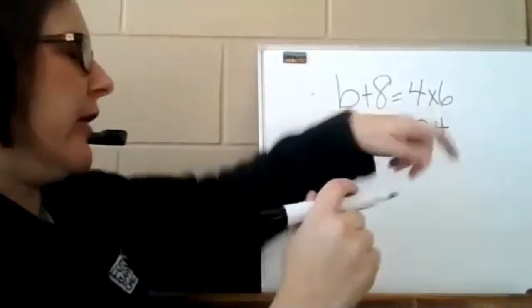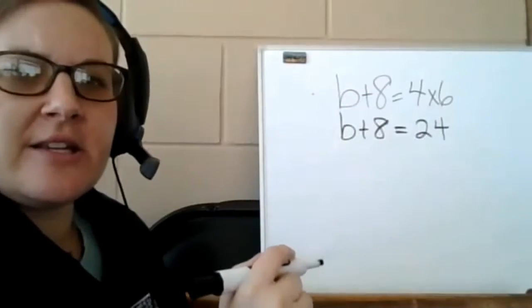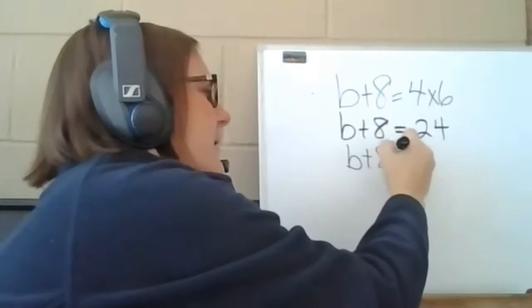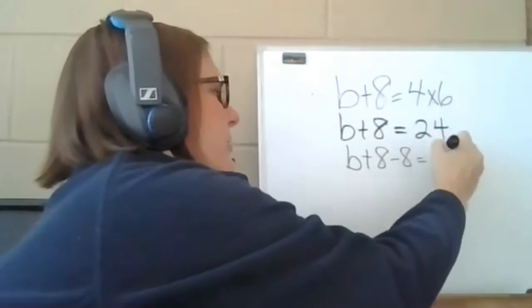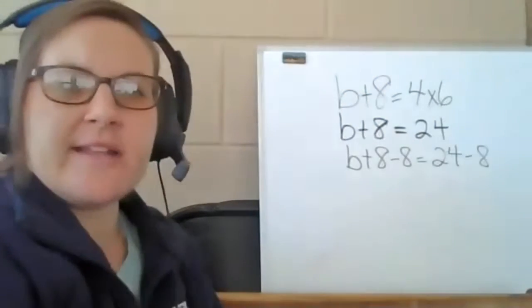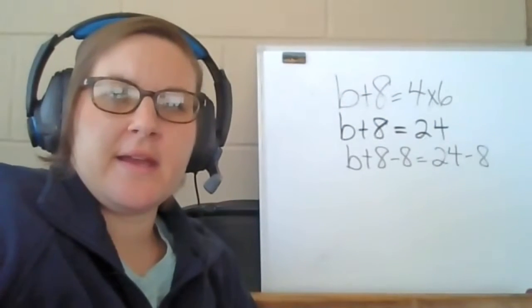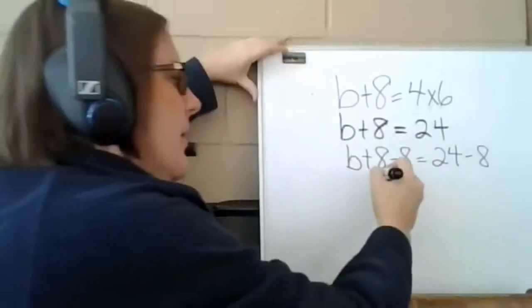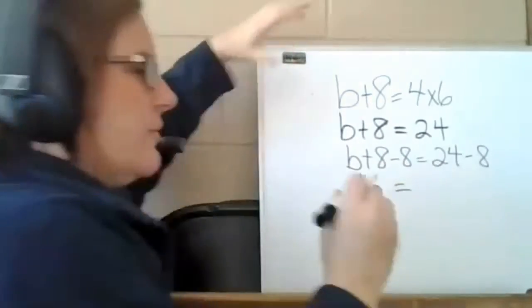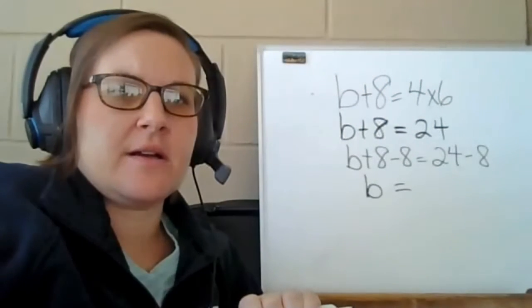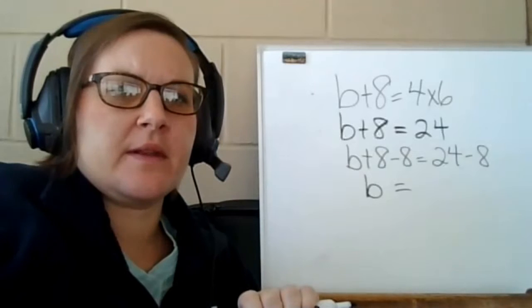All right. Okay, now we're going to get rid of the 8. So we're going to do b plus 8 minus 8 equals 24 minus 8. Okay, so that's going to get rid of my 8. So I'm going to do b equals, what's 24 minus 8?